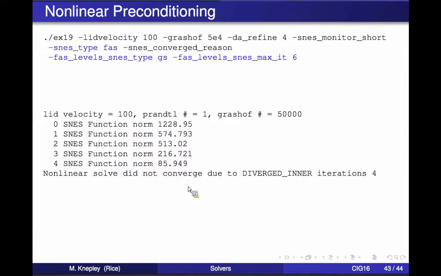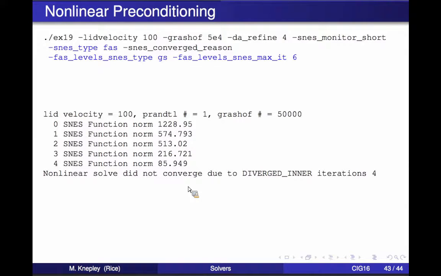We can call this, this is called in numerics FAS, the full approximation scheme, or nonlinear multigrid. It's just solving a nonlinear thing on a sequence of grids. And here, it looks like it's going even farther and it's going to work, and then it just craps out. So what's going on? It says diverged inner.